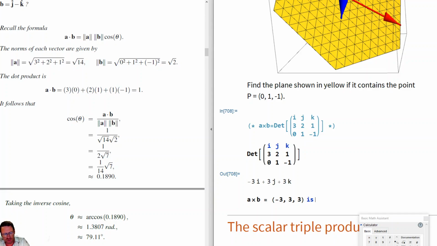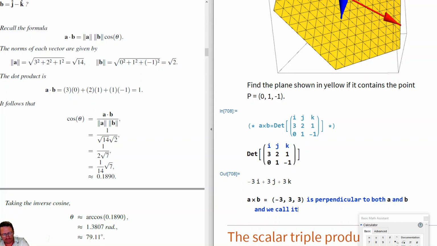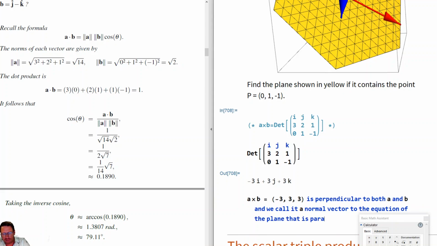This vector is perpendicular to both A and B. And we call it a normal vector to the equation of the plane that is parallel to both A and B.